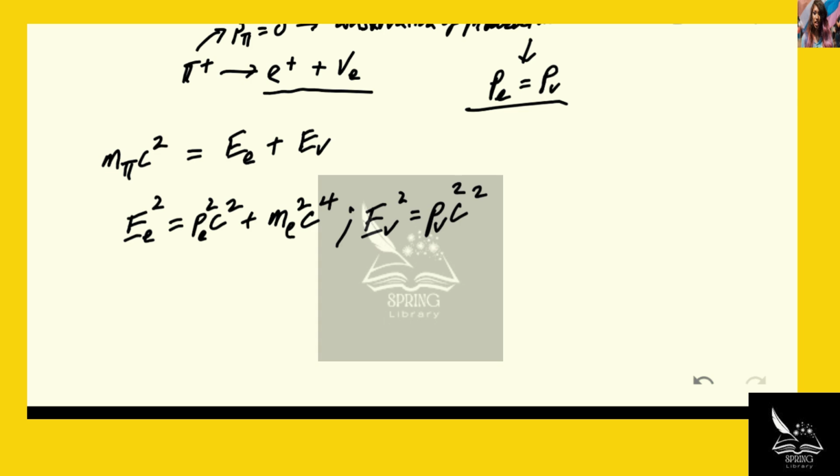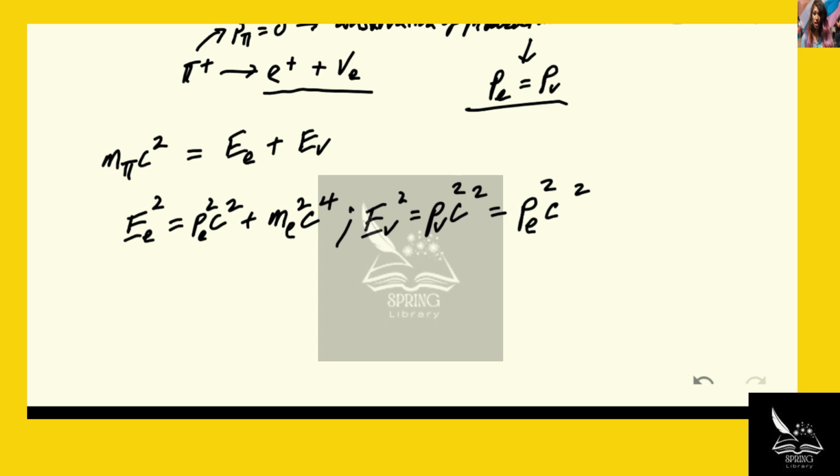With this information, we will be able to substitute. This thing over here is equal to the momentum of the electron squared times c squared as well, since the momenta are the same and c is just a constant.